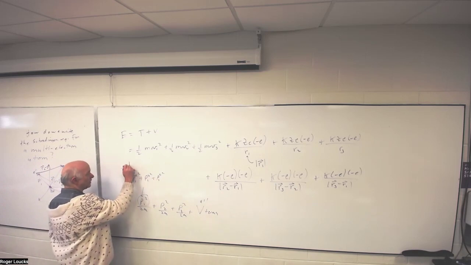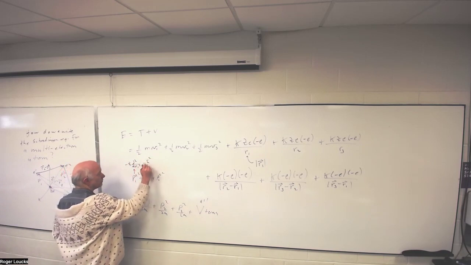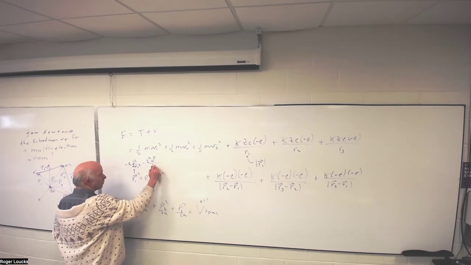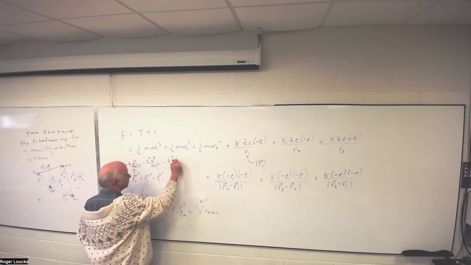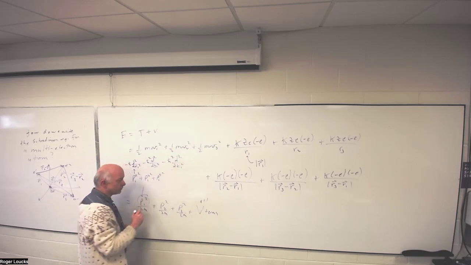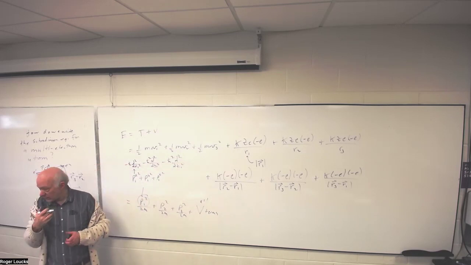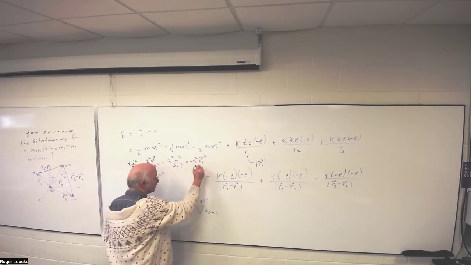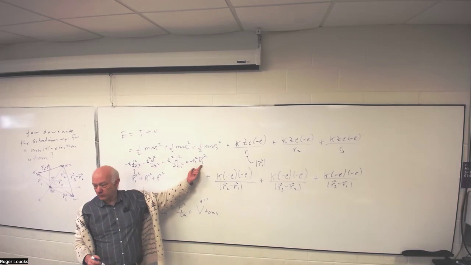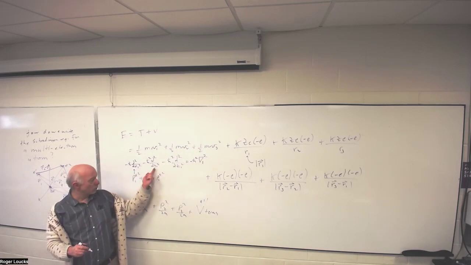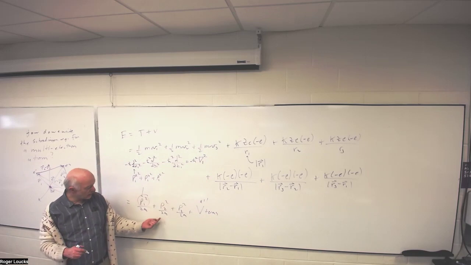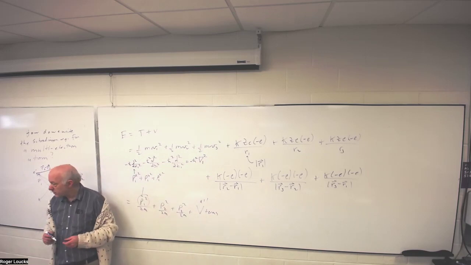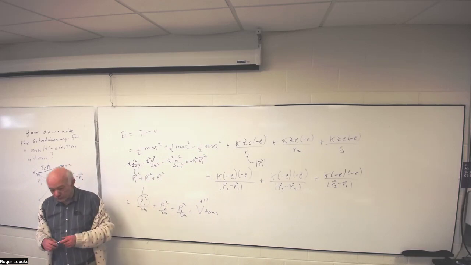When we quantize this, it goes to minus h bar squared second derivative with respect to x1, minus h bar squared second derivative with respect to y1, minus h bar squared second derivative with respect to z1. You'd really write this as minus h bar squared times the Laplacian with a little 1, which refers to x1, y1 and z1. The same thing acts on the second and third coordinates.